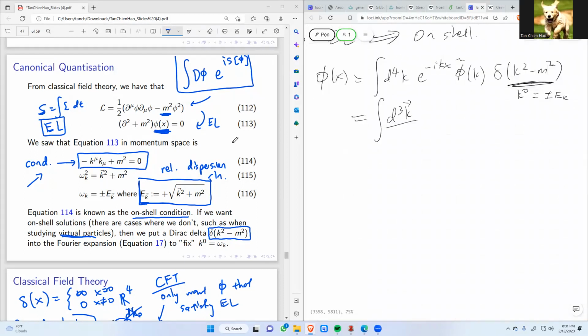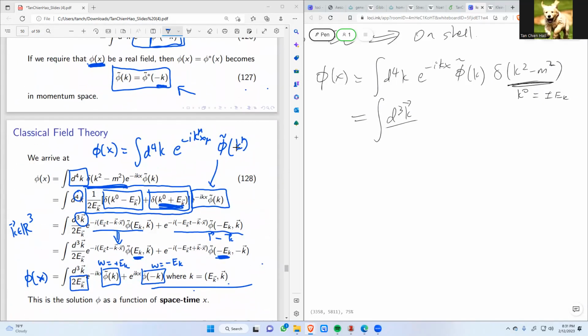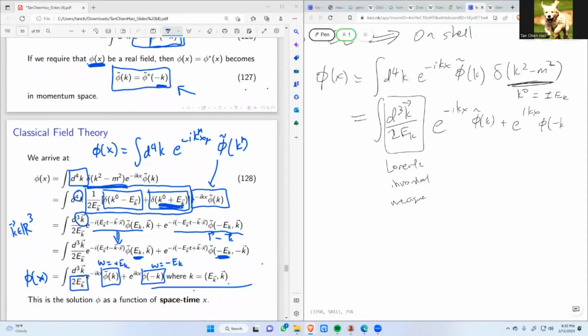That gives us an integral over 3-momentum with this extra factor of Ek, and that implies this is a Lorentz invariant measure. If we expand it out like that, then we get e to the minus ikx phi of k and e to the ikx phi tilde of minus k.